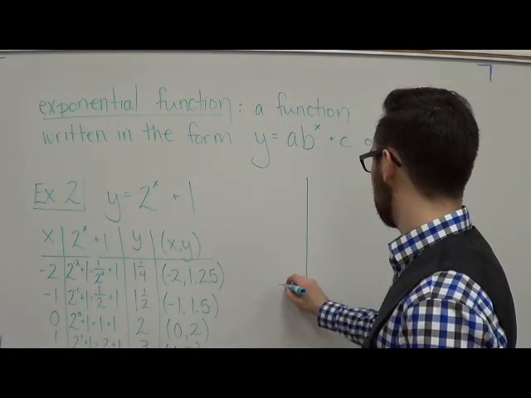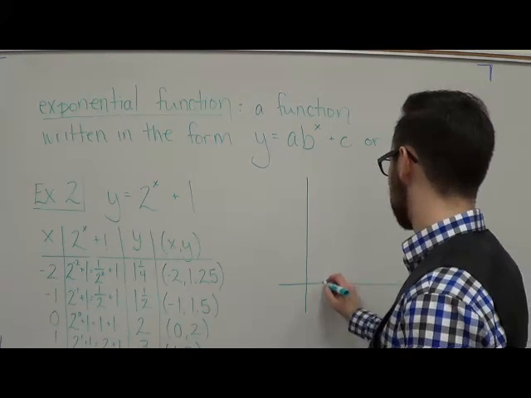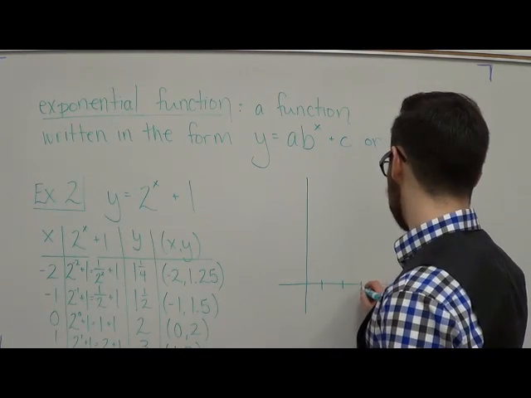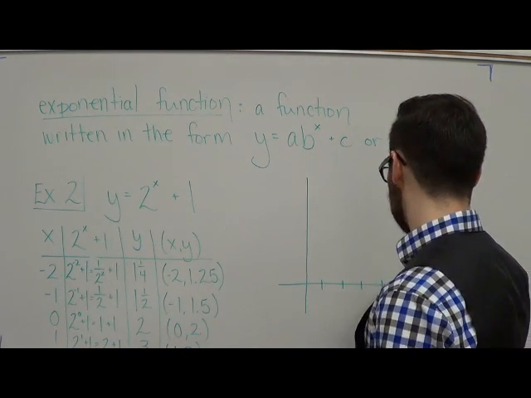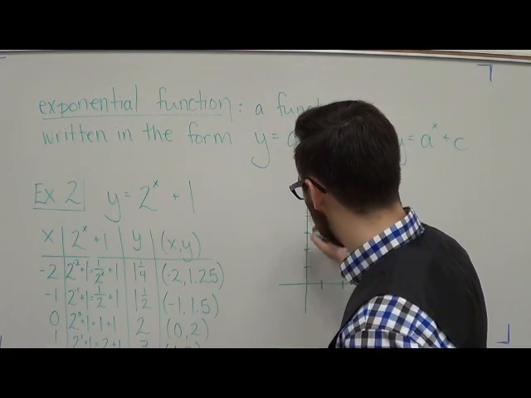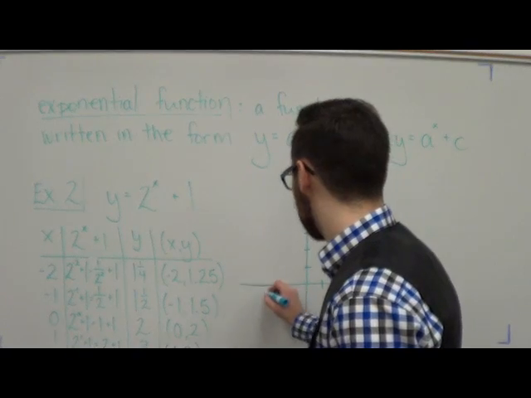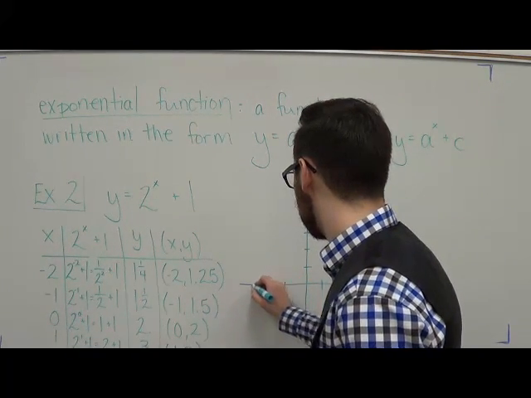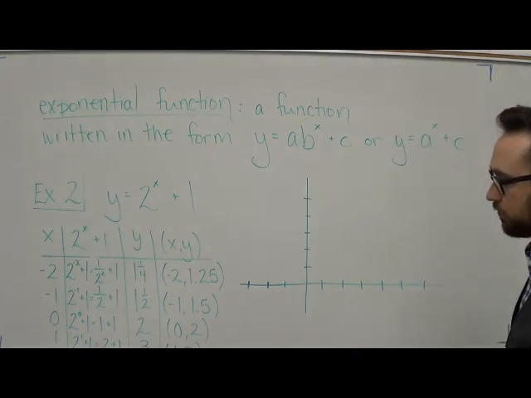So notice, even though we had negative numbers for x, we never had negative y values, right? So that's how this is going to be a little different than what we've been doing before, because not often are they going to go into the negative areas.